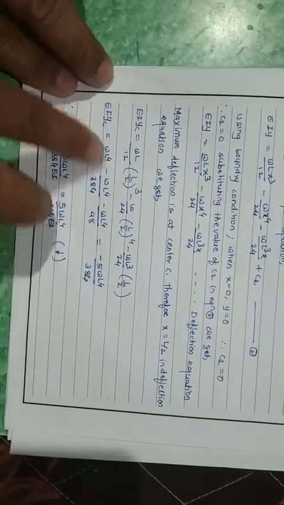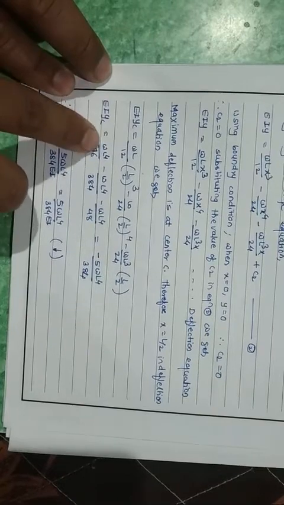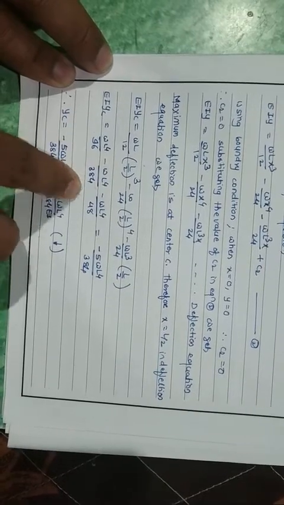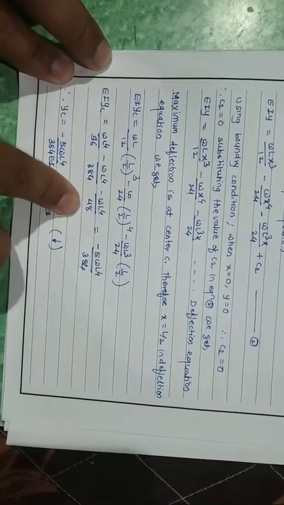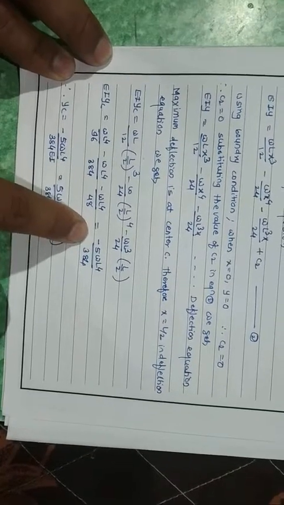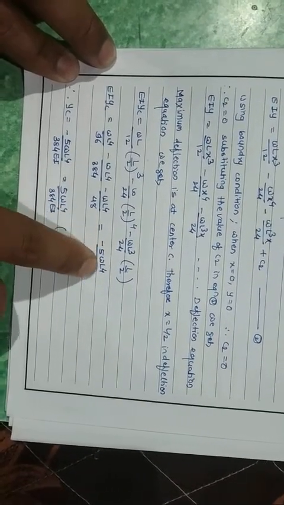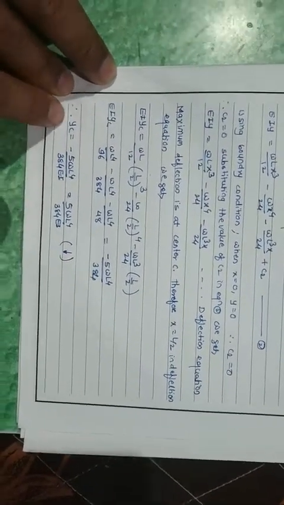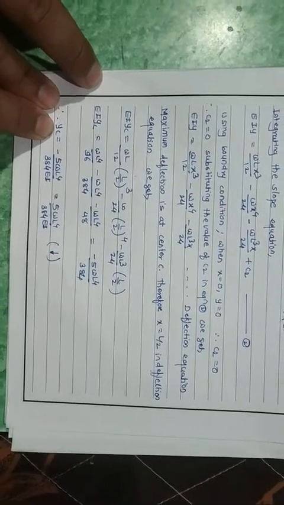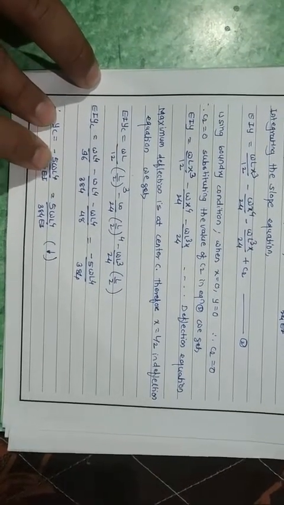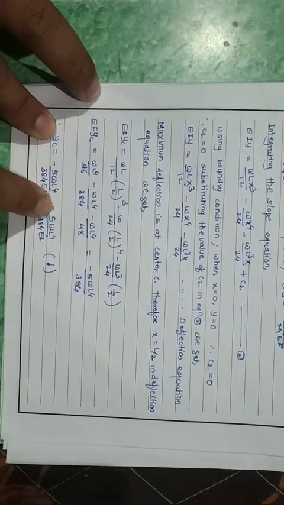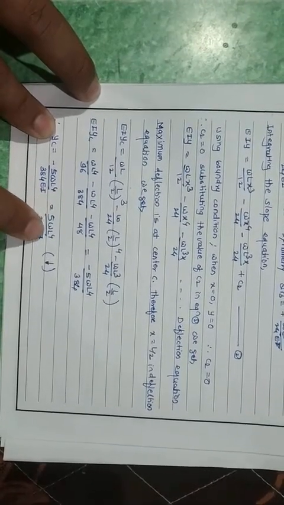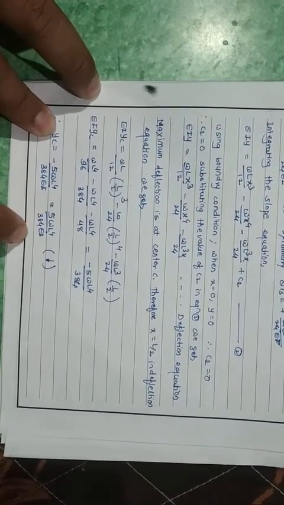So we get E I yc equals W L raised to 4 divided by 96 minus W L raised to 4 divided by 384 minus W L raised to 4 divided by 48. From here we get minus 5 W L raised to 4 divided by 384. So the maximum deflection yc is equal to minus 5 W L raised to 4 divided by 384 E I, that is 5 W L raised to 4 divided by 384 E I.